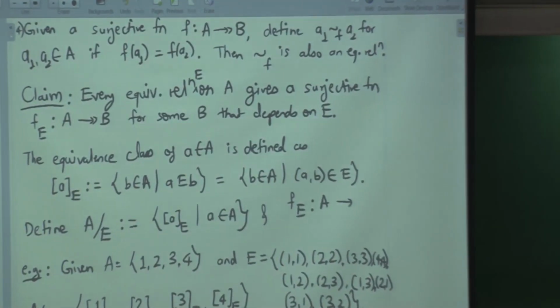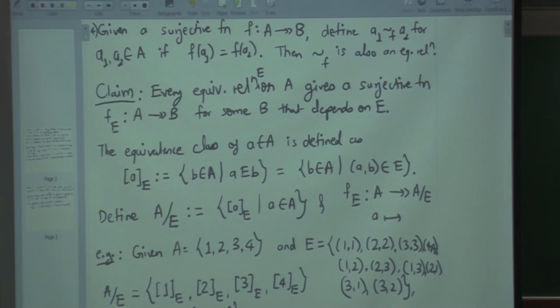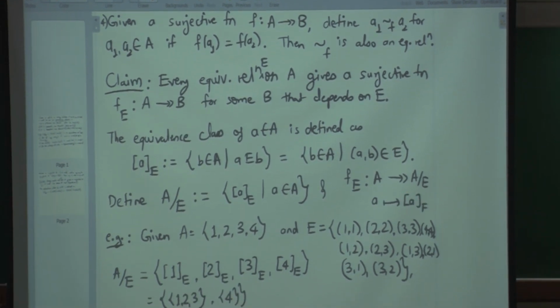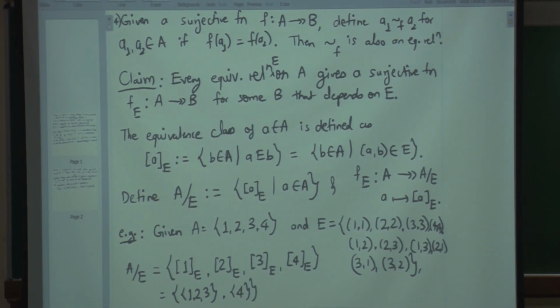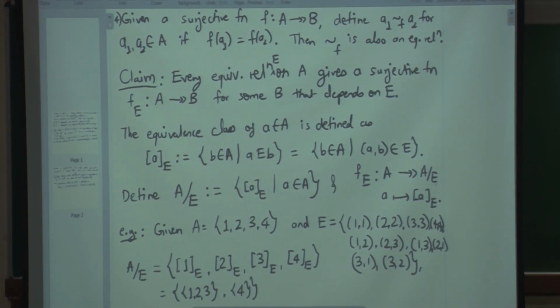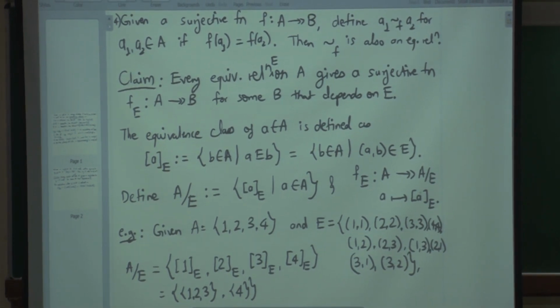And then clearly, do we have a function from A to A mod E? Yes, f sub E from A to A mod E, and this is a surjection, we can check that, where little a maps to the equivalence class of a. Clearly, every element of A mod E is of the form class of a for some a.